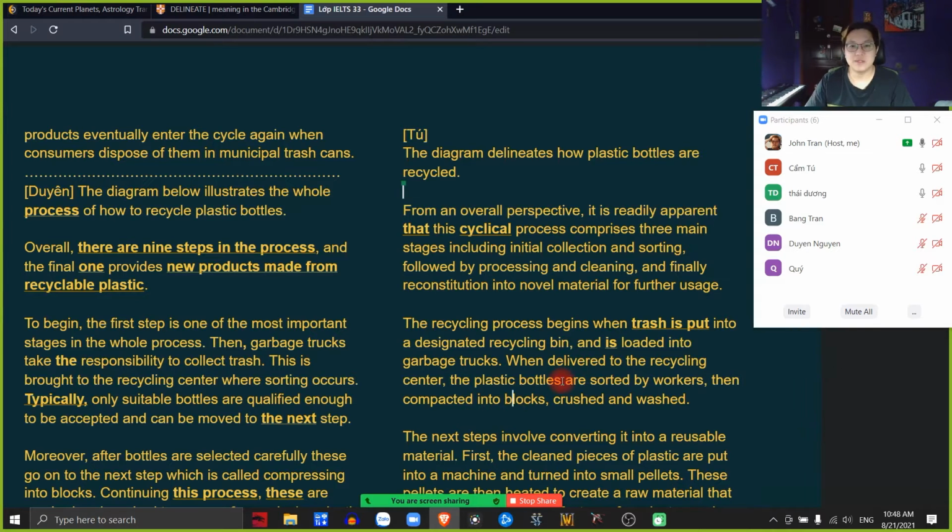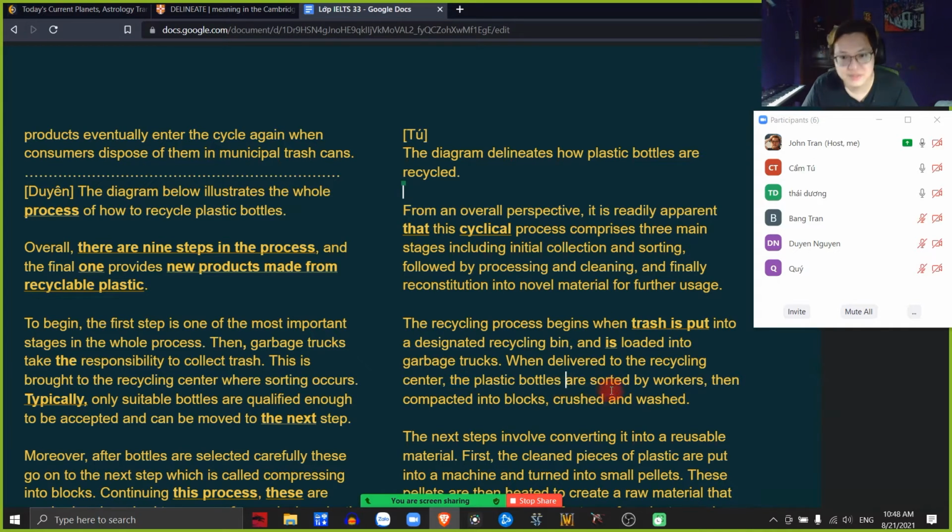Okay, because this one is a subject and you want to emphasize plastic bottles, so you can use the definite article the. Tại vì cái này nó là đóng vai trò chủ ngữ và mình muốn nhấn mạnh những cái chai nhựa nào, những cái chai nhựa mà được đưa đến cái trung tâm này. Cho nên mình dùng cái mạo từ xác định the ở đây là hợp lý.